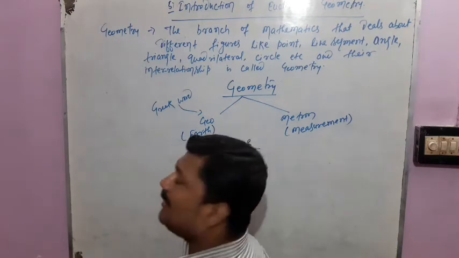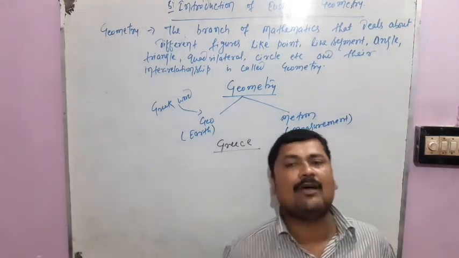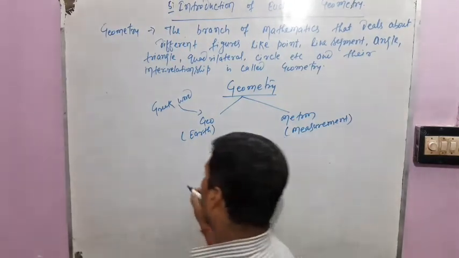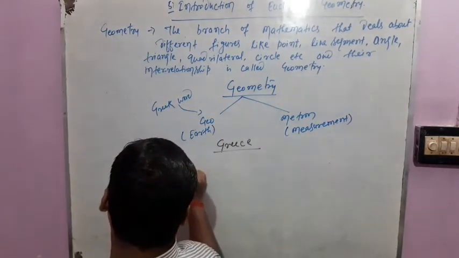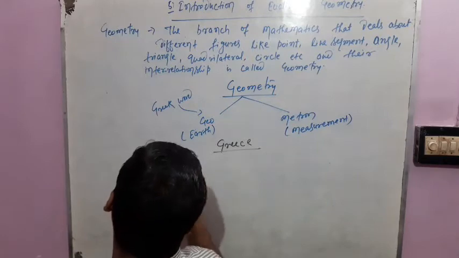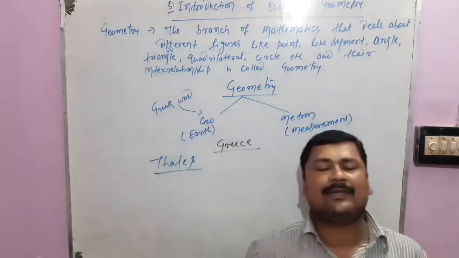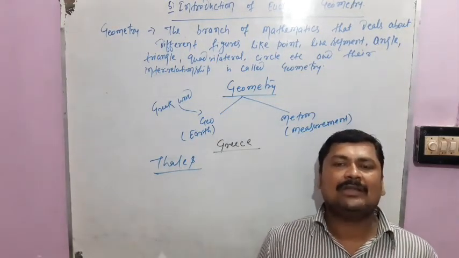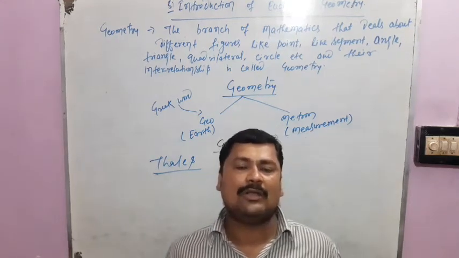Now the knowledge of geometry reached from Egypt to Greece. There was a great contribution of a great mathematician in the field of geometry whose name is Thales, one of the great mathematicians who has given a lot about geometry.